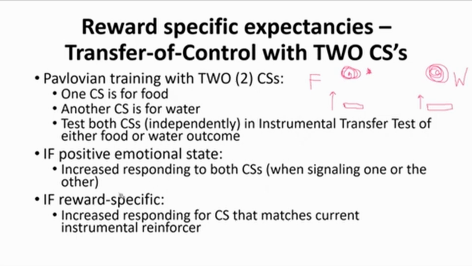However, if it's a reward-specific expectancy, if the rat has this association that's related to this light and food and this lever and food, then when this light is on, we would expect an increase in the lever pressing for that lever only and not see an increase in the lever pressing on the water lever.